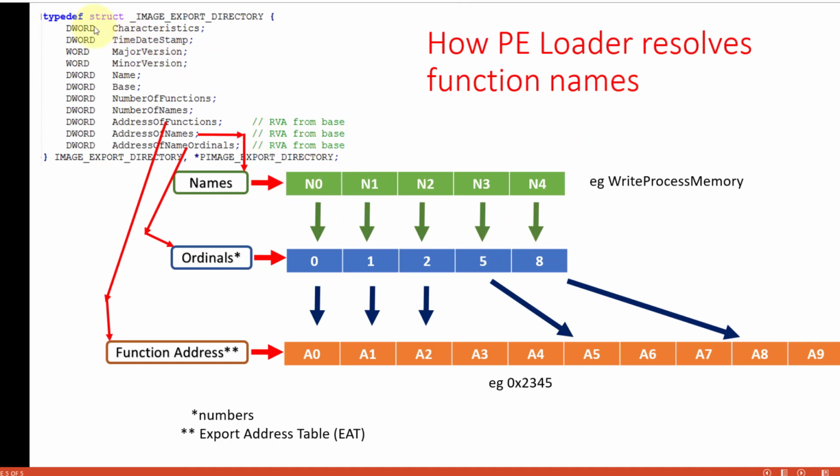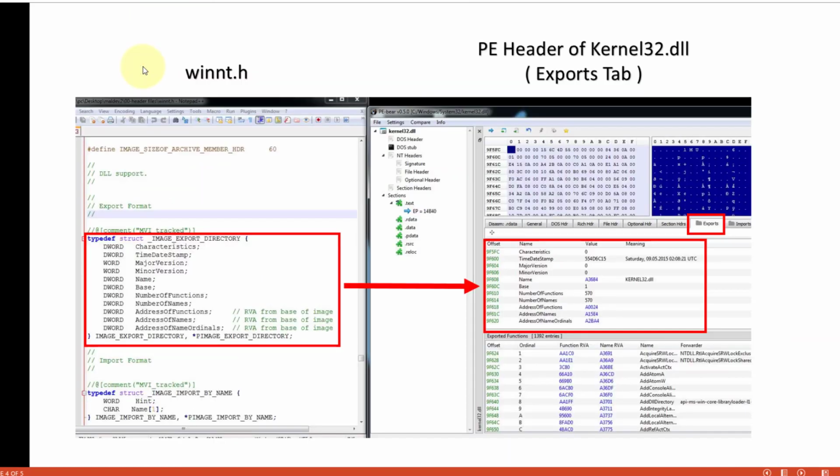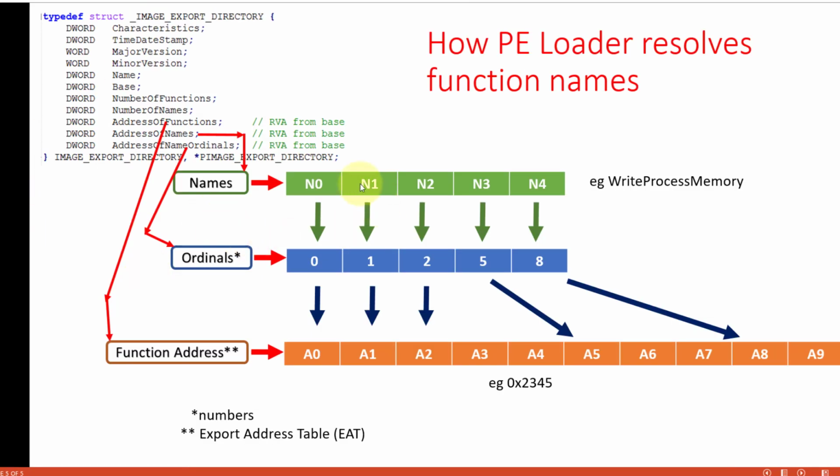In this diagram, on the top left hand corner is the export directory structure, which is taken from here. And on the bottom right corner, I've expanded these three members into an easier to understand diagram view.